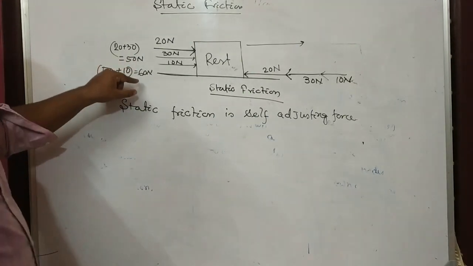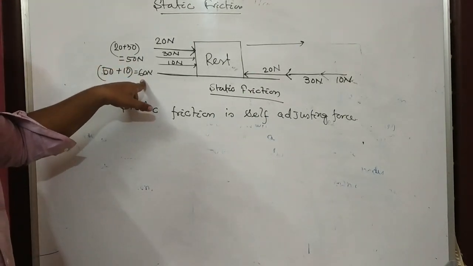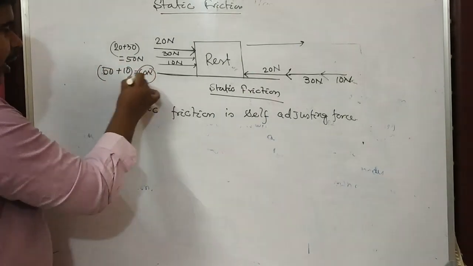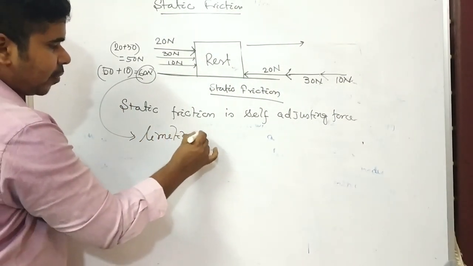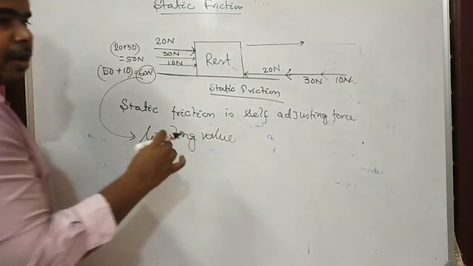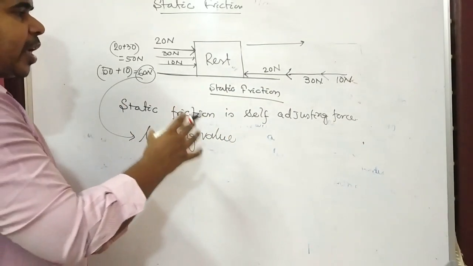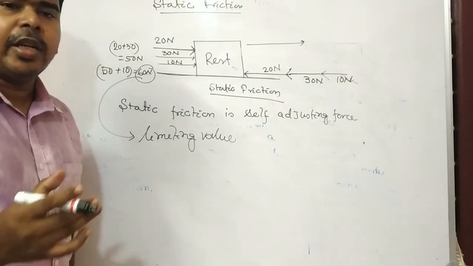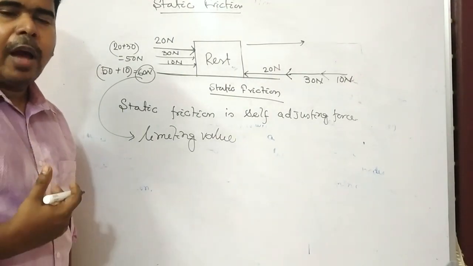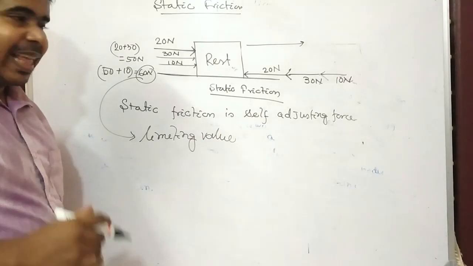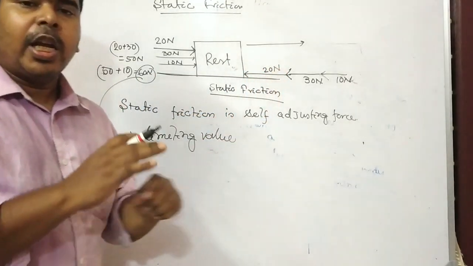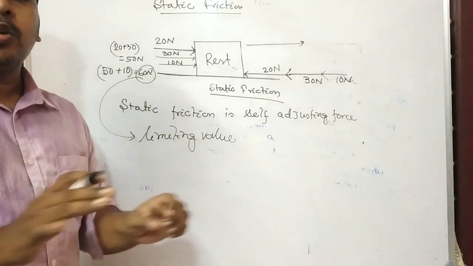So this 60 Newton is a limiting value. Limiting value means it is the maximum force that static friction can provide. If you give more force, then the body will start moving, and at that time static friction doesn't play any role.